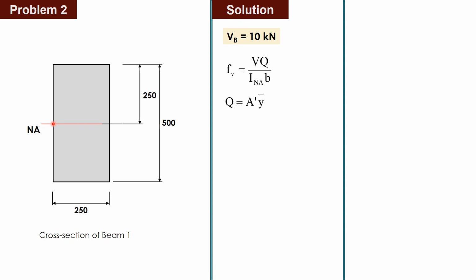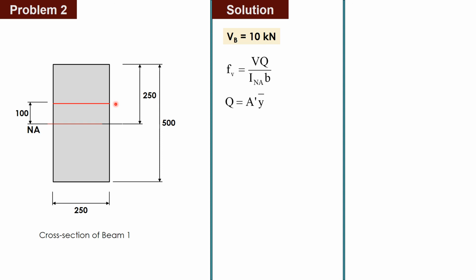Kasi yung problem naman natin, ang hahanapan daw natin ng shear stress ay located at 100 millimeters above NA. So, nag-measure na ako ng 100 millimeters above NA, at ito daw fiber na ito or element na ito ang hinahanapan natin ng shear stress.